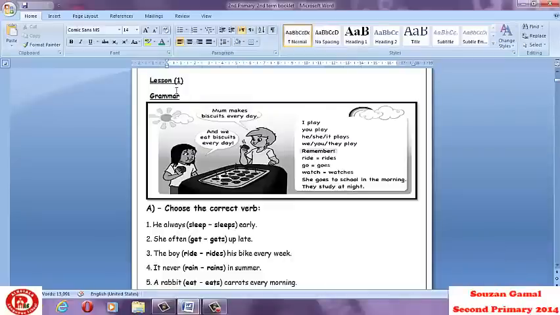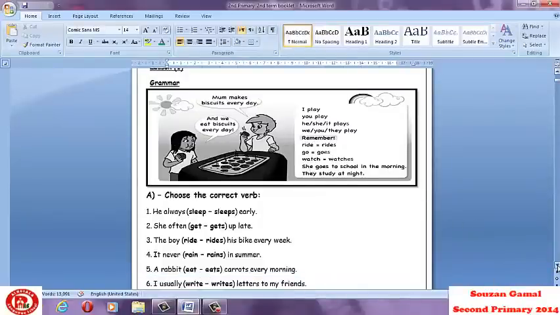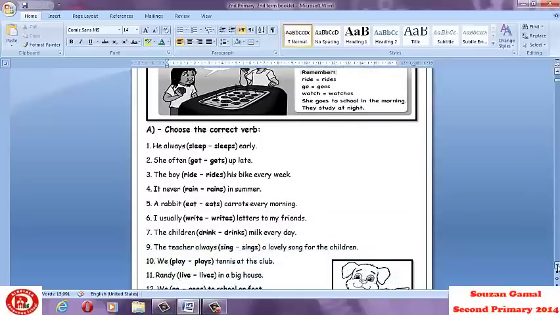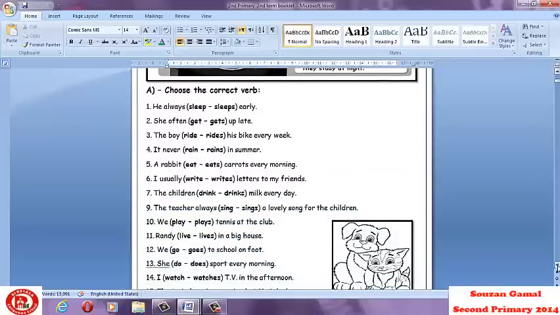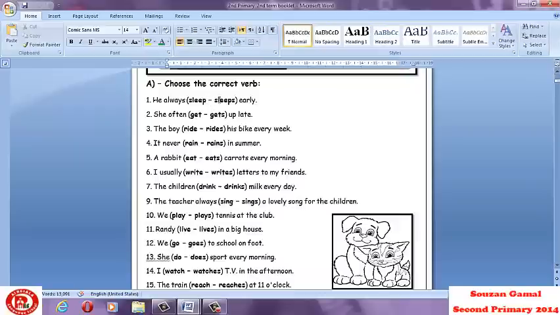Now I want you to open your booklets, page 6. Okay, now exercise A. Bring your pencil or pen and answer with me. Exercise A. Choose the correct answer, the correct verb, okay? Number 1. He always sleep or he always sleeps early. With he, she, and it, you have to add S or ES, so he always sleeps early.